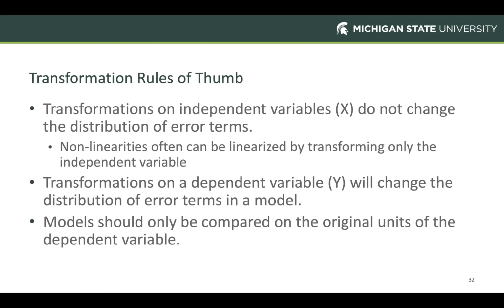If we end up transforming y, that will introduce changes to the distribution of our error terms. We would then need to revisit the relationship between those error terms and x as well as y hat, as well as time if there's any temporal effect. And again, restating that we should always, as part of these analyses, be comparing our results only in the original units of our dependent variable, okay?